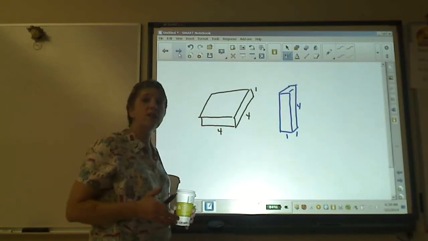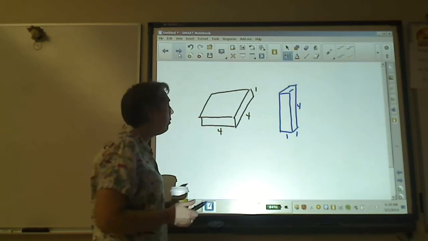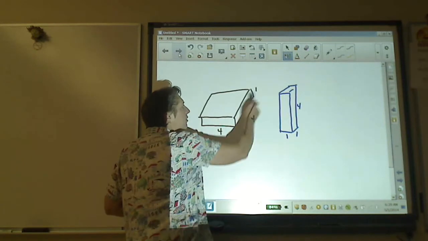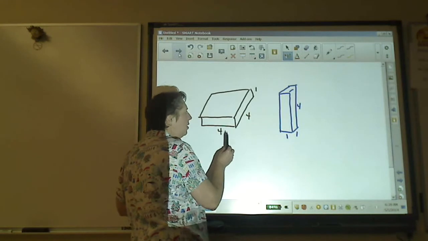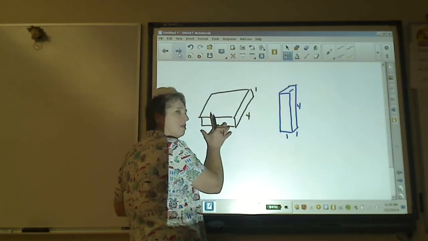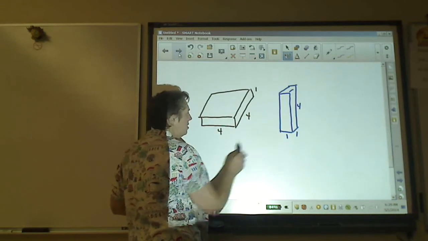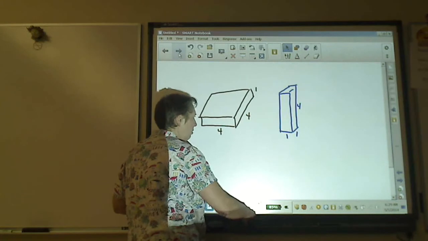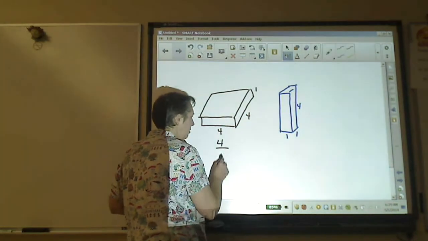So you want to test the mathematics part and see if the corresponding dimensions are proportional. So we go 1 to 4. When we compare, I'm going to go from left to right. This is the front, this is the front, so I'm going to compare this one, 4, 2, 1.